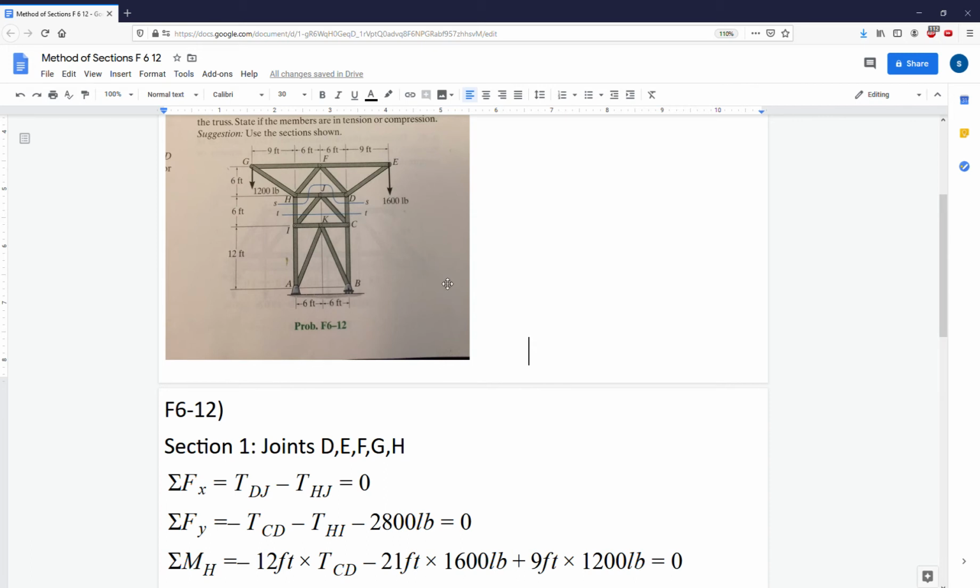Finally, for moment, I selected point H. That would eliminate the tension in H. It would also eliminate both of these tension forces, since tension HJ is acting at point H, and even the tension DJ is acting along that line of action, which means the only unknown force would be tension in CD.